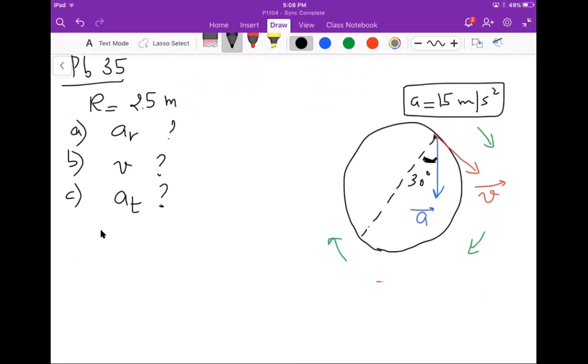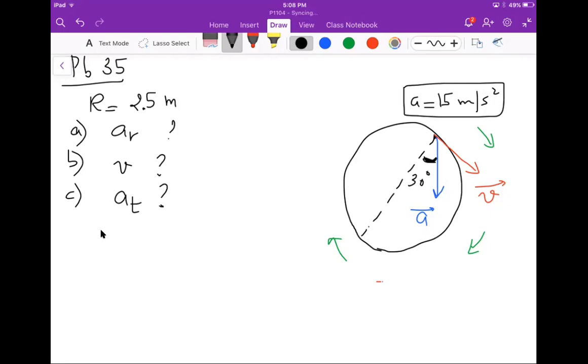Now, we have to make some analysis before we start. If I ask you what is AR, I think everyone will say AR is equal to V squared divided by R. And that is correct. But the problem is that we know R, it is 2.5 meters, but we do not know V. The speed is unknown, and it is what we have to determine in the second question.